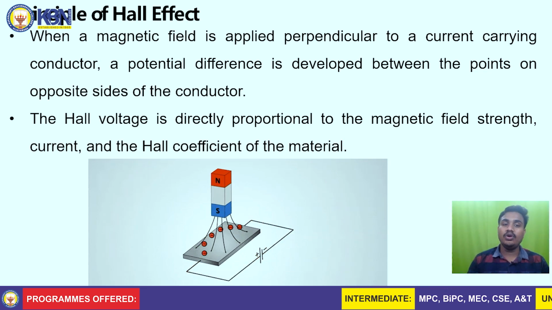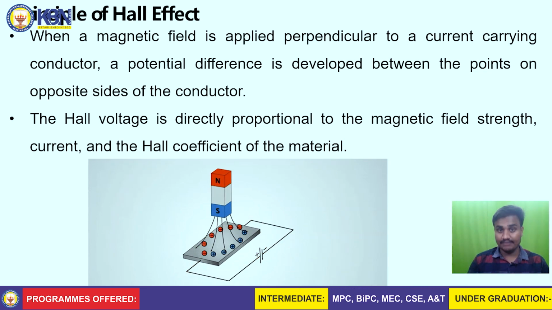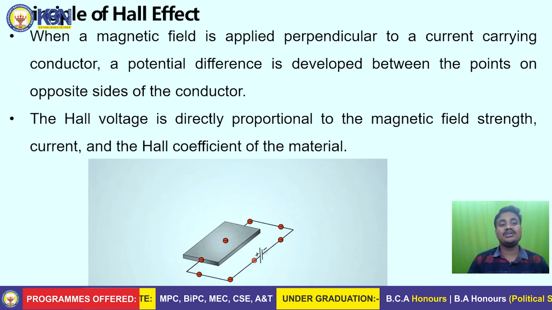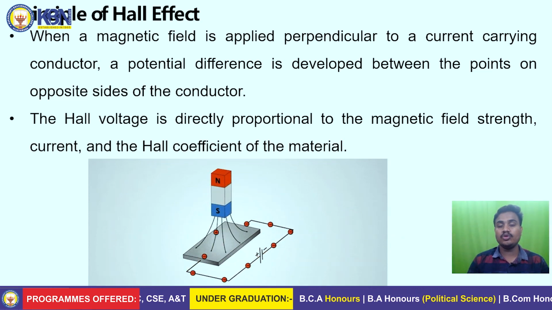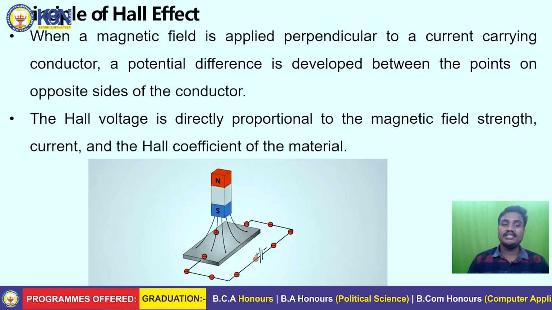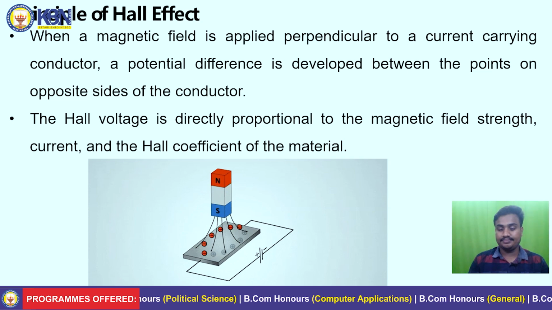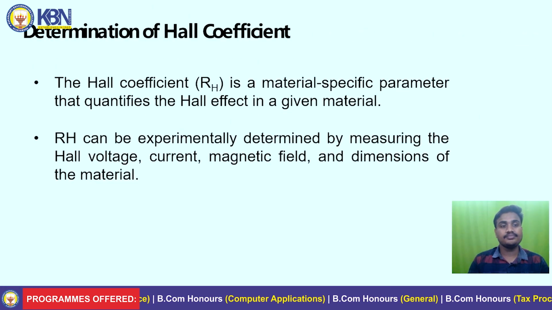The Hall voltage, which is represented by the letter VH, is directly proportional to the magnetic field strength, current, and Hall coefficient of the material. The Hall coefficient is given by the letter RH. Now, coming to the determination of Hall coefficient, RH is a material specific parameter that quantifies the Hall effect in a given material.